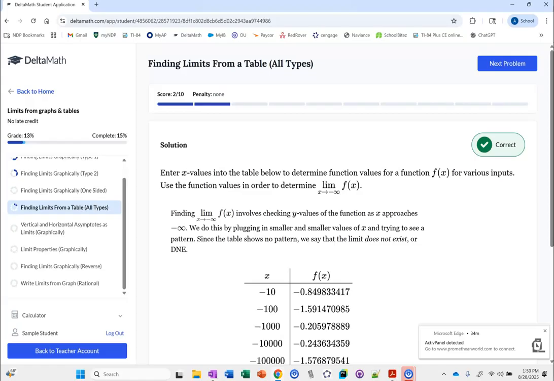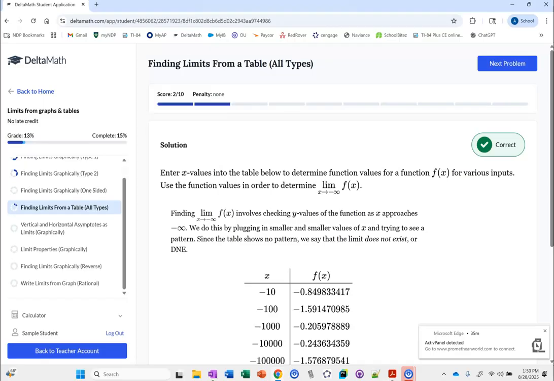So I would do 2.99, 2.999, 2.9999, and then 3.01, 3.001, 3.0001, and see if those values are heading towards something, because it looks like they're heading towards 0.6, maybe negative 0.6. So you're seeing something coming to an open circle, and then there's a point above it.